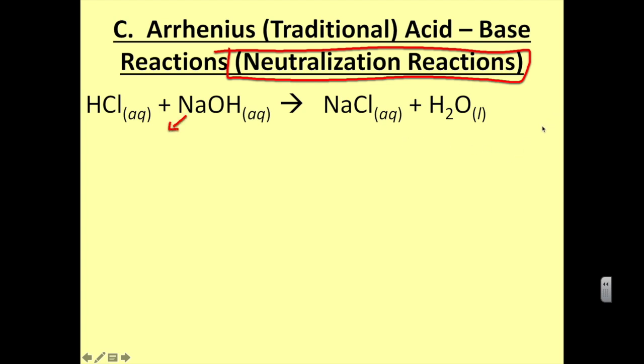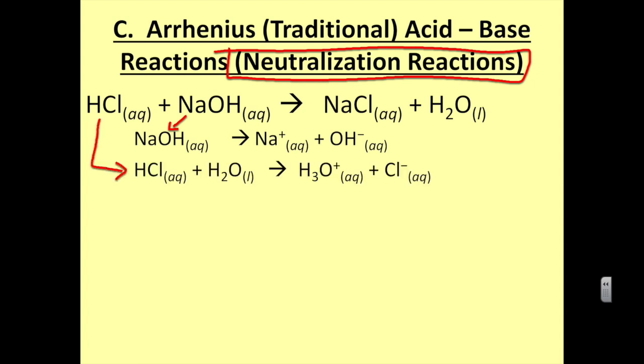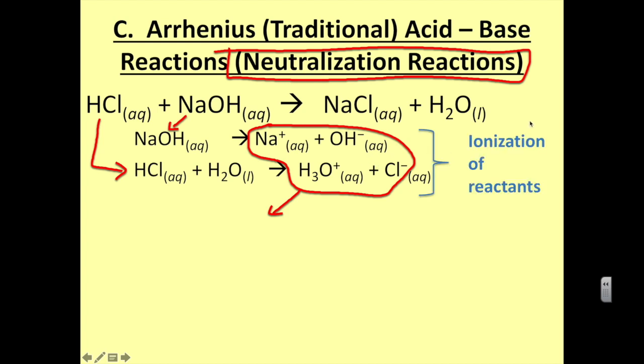So what's going to happen is the sodium hydroxide is going to dissociate into these two ions, which we just covered before, and the hydrochloric acid is going to dissociate into these ions as well. It's going to react with water to make H3O and Cl minus. Now we'll take all of these products right here, and these are actually the ionization of the reactants.